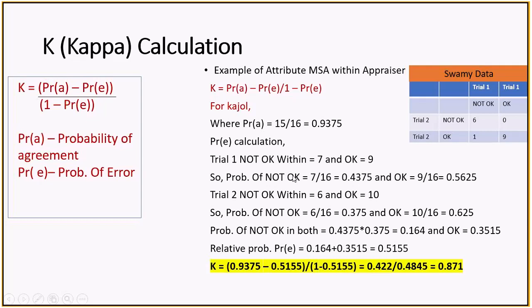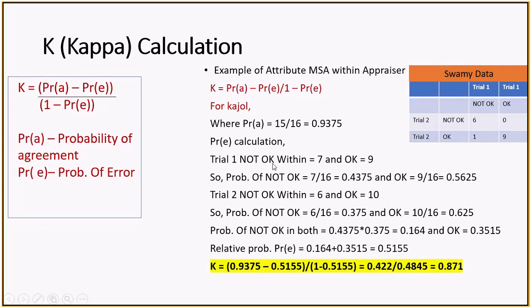So probability of not okay will be 7 divided by 16, and probability of okay will be 9 divided by 16. Similarly, for trial number 2, not okay is 6 plus 0, and okay is 9 plus 1, 10, right? You get the probability 6 divided by 16 and 10 divided by 16. So now you have the probability of not okay as well as probability of okay, right?